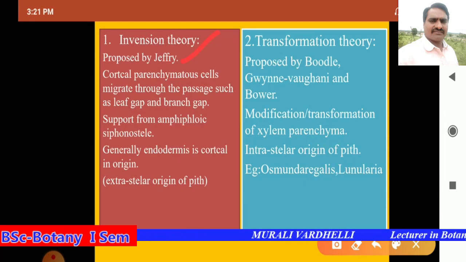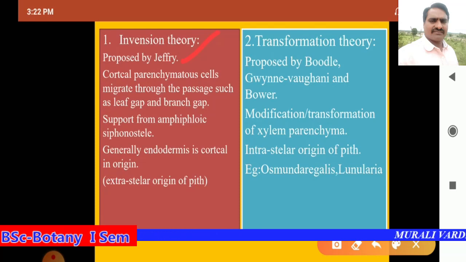Example, in Selaginella, medulla and vascular cylinder are demarcated by inner endodermis. Generally, endodermis is cortical in origin. So in Selaginella, the endodermis is invaginated into the inside of the xylem, so the pith parenchymatous tissue migrated from the cortex.